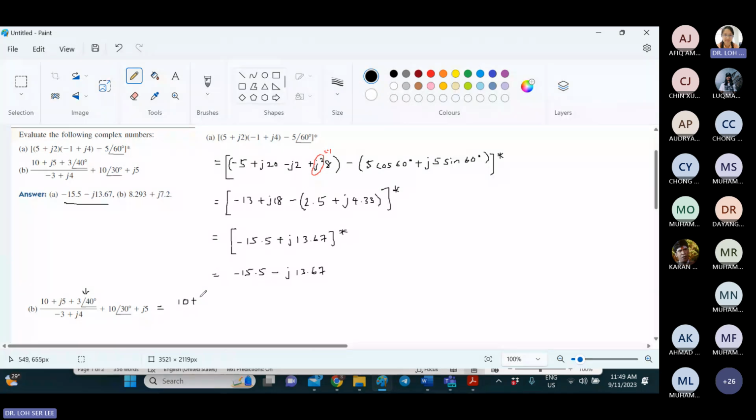So 10 plus j5 plus, okay, the rectangular form, that means 3 cos 40 plus j3 sine 40 degree. Later on, we have to do the division. So we can change this one into polar form first.